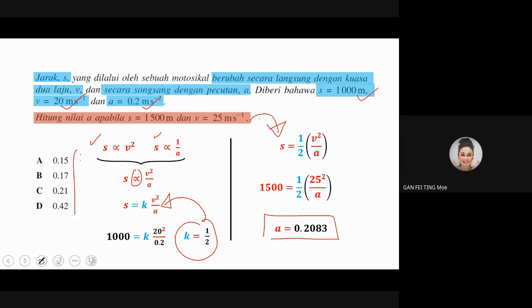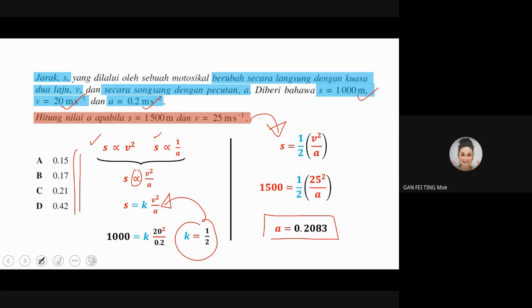Then you check from A, B, C, D. Which one will be your answer? The question never asks you to round off, so you have to use your mental judging. Which one is your answer? Anyone? This question is very technical.